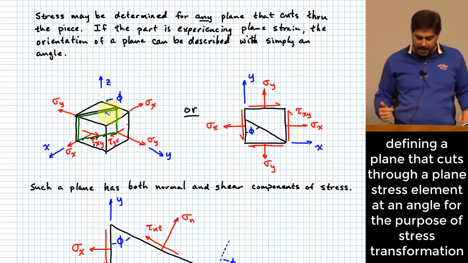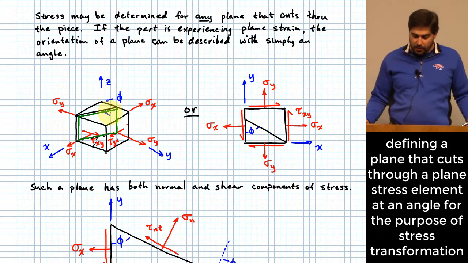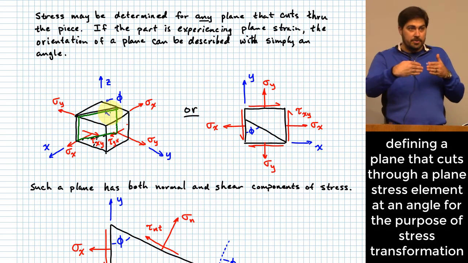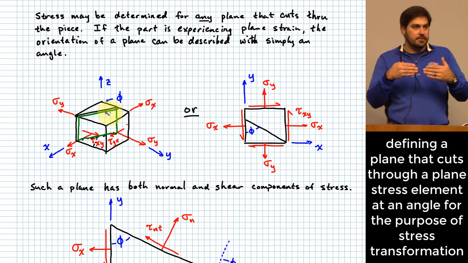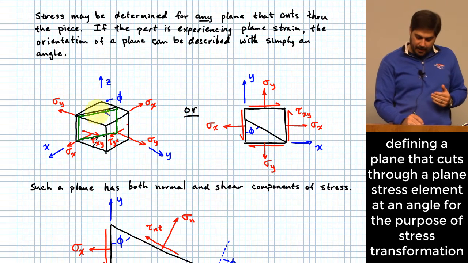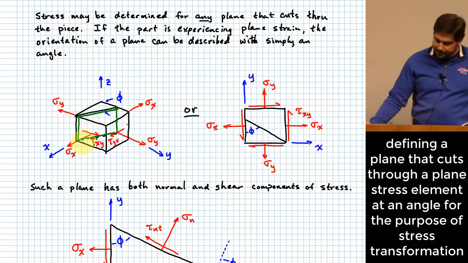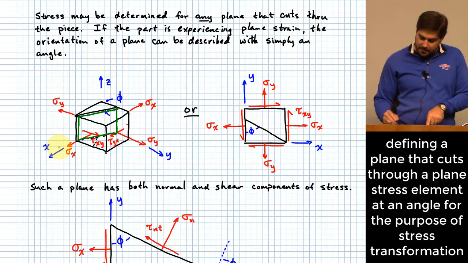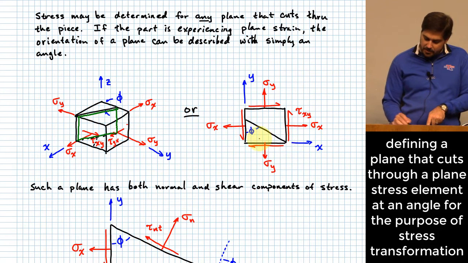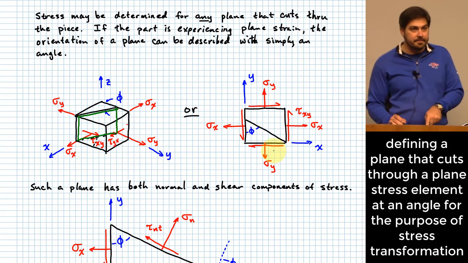And for a state of plane stress like this, really the only rotation that we're concerned about is a rotation around the z-axis. So that we get that by having this plane that we're now cutting through right here. Well, if I look at that kind of straight down the z-axis, then you see the picture that I'm showing on the right. Right?